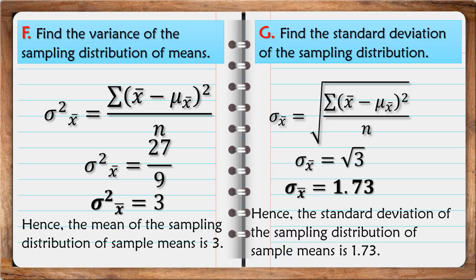By direct substitution, we get the variance of the sampling distribution of the sample mean equal to 3. Find the standard deviation. By direct substitution, the square root of 3 is 1.73. Therefore, the standard deviation of the sampling distribution of the sample mean is 1.73.